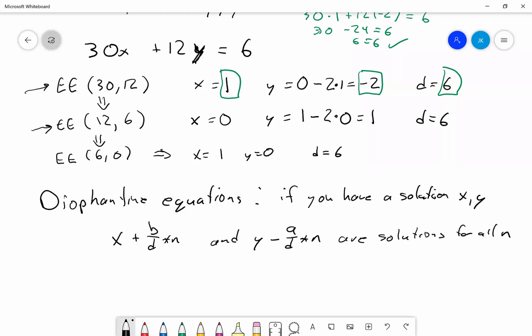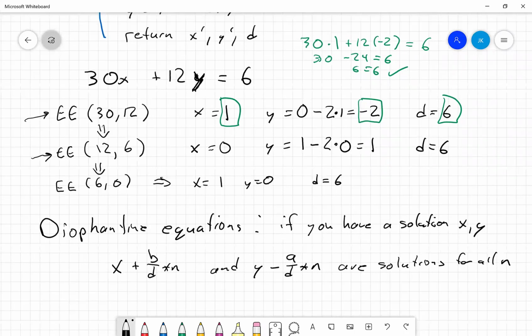So no matter what value you pick for n, for all integer values n. In other words, once I have a solution like 1, minus 2, what that means is that I can keep generating new solutions by taking b over d and a over d and subtracting.